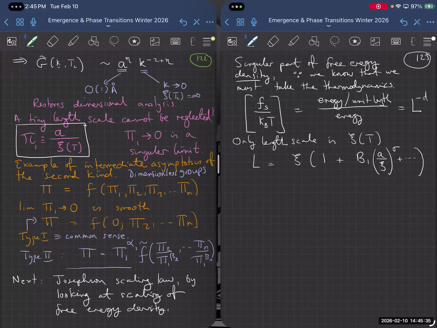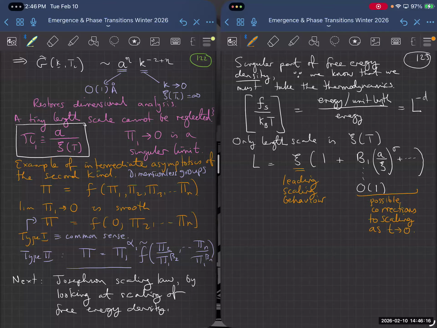So that would be what we would expect, based on our understanding of the phenomenon. The leading scaling behavior is this, and then this part over here is possible corrections to scaling as t tends to 0.